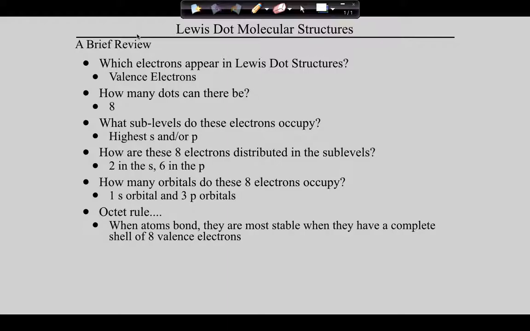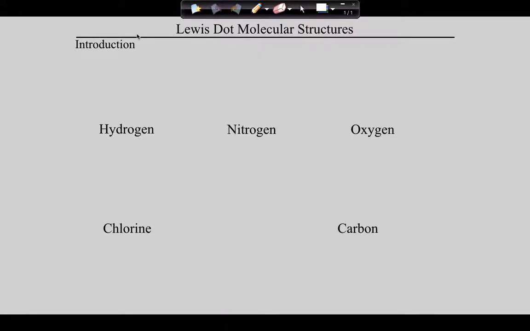Grab your periodic tables, and if we're going to draw Lewis dot molecular structures, we need to base these on Lewis dot atomic structures. So guys, draw the Lewis dot structures for these 5 atoms. You could probably string them across your page all the way across. But guys, these are the building blocks that we're going to use to draw Lewis dot molecular structures.